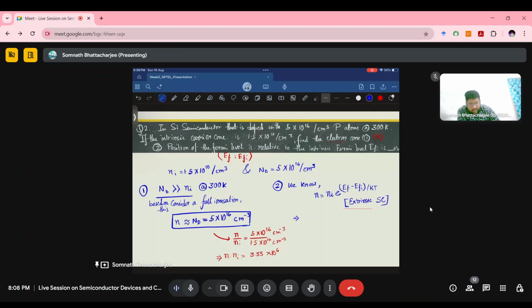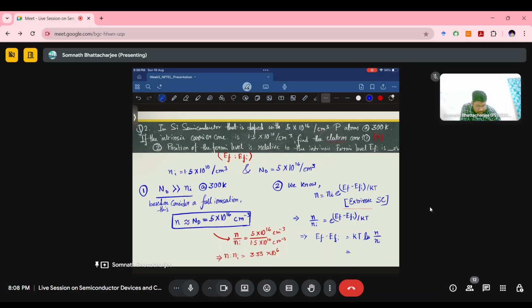We can put this value directly on the left side of this equation. So it would look like this: n by ni equals e to the power of (EF minus EFi) divided by kT, or we can write it like this: EF minus EFi equals kT multiplied by ln of n by ni.